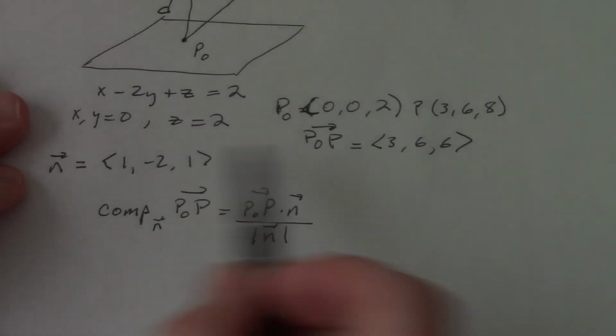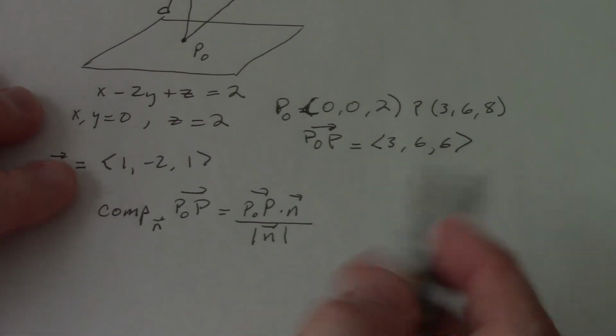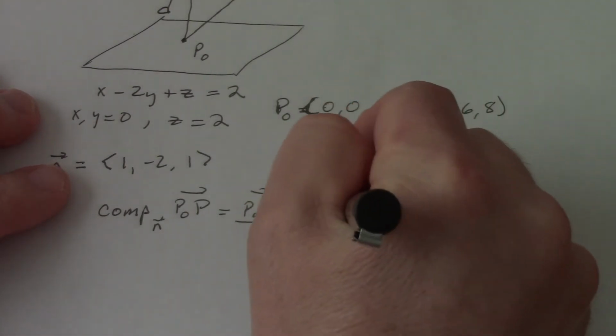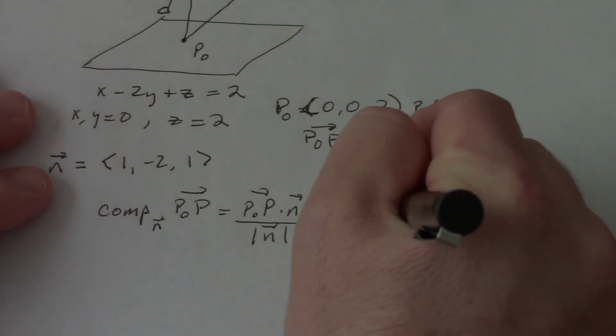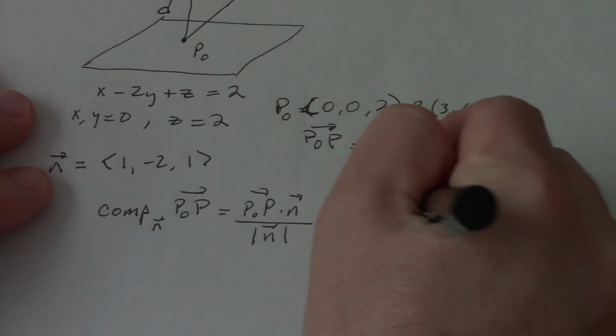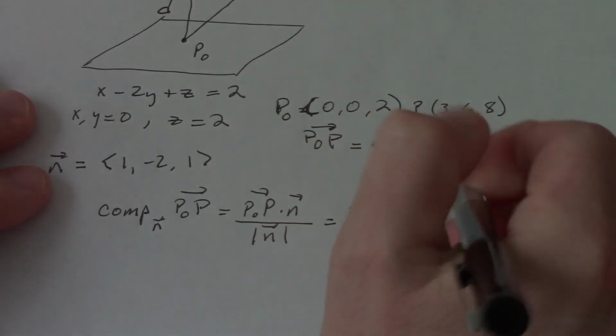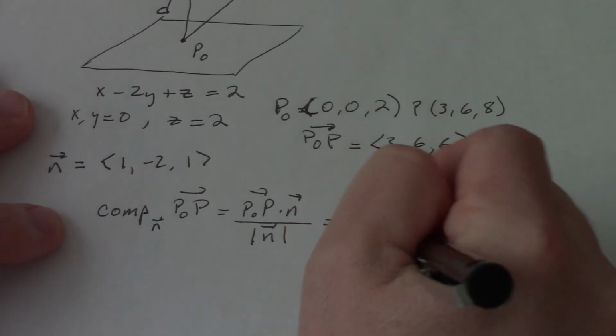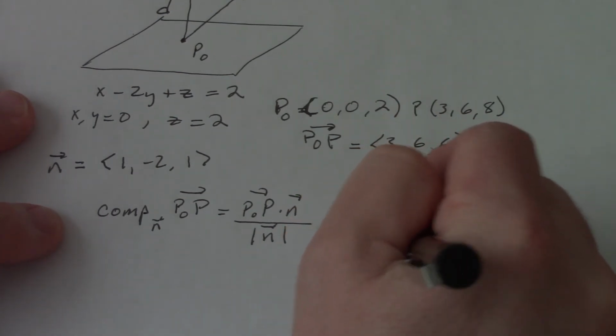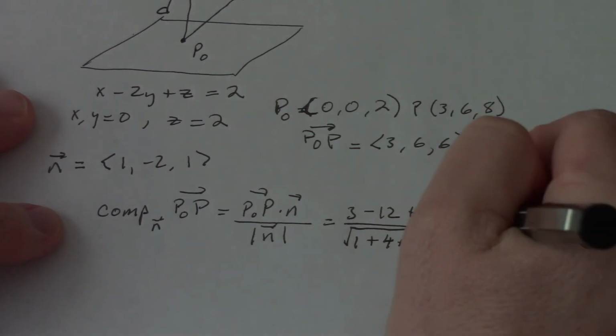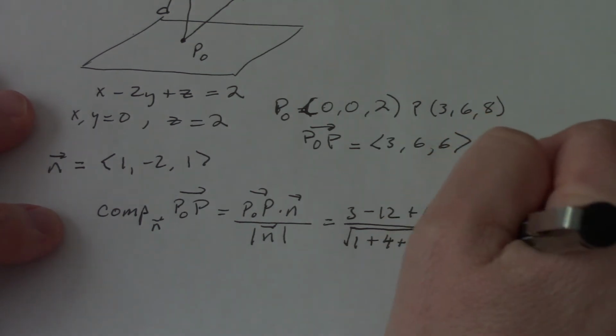So we'll just go ahead and do the dot product: 3 times 1, minus 12, 2 times 6, plus 6. And that's over the magnitude: 1 plus minus 2 squared is 4, plus another 1. So that's going to be negative 3 over root 6.